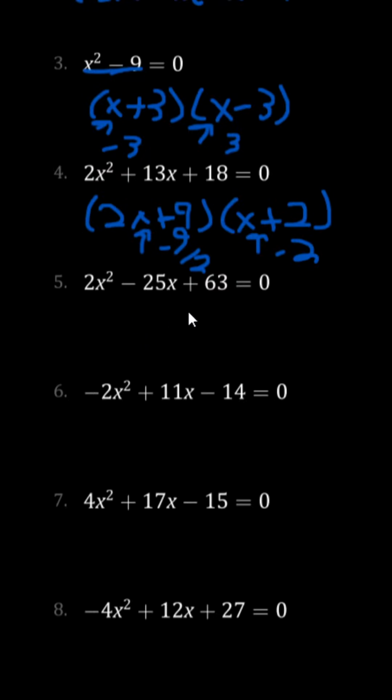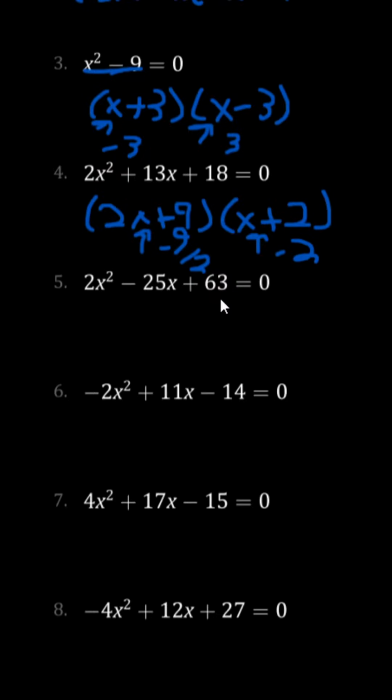2x squared minus 25x plus 63. Okay, 63 has factors of 1, 3. I don't think it has any in between. Hi, Julian. Welcome. 21 times 3 will give us 63.